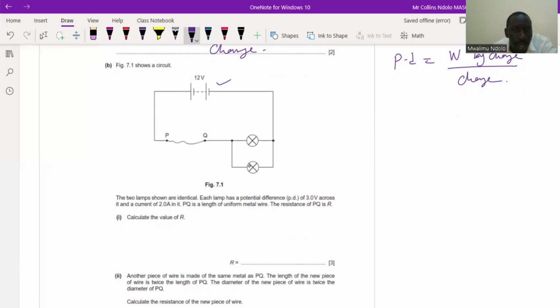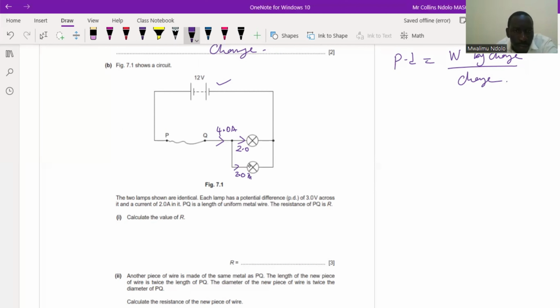The resistance of PQ is R. Calculate R. We need to understand if there is a current flowing which is 2.0 amps here and 2.0 amps there, that means the current into the junction is the addition. That means the current into the junction is supposed to be 4 amps. And therefore the current flowing through this wire here is 4.0 amps.